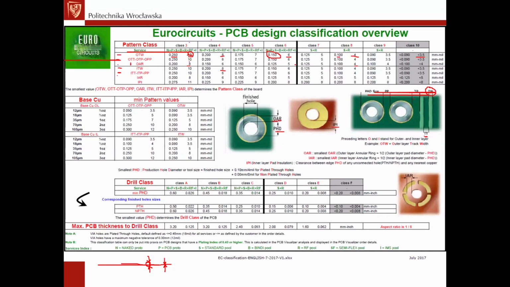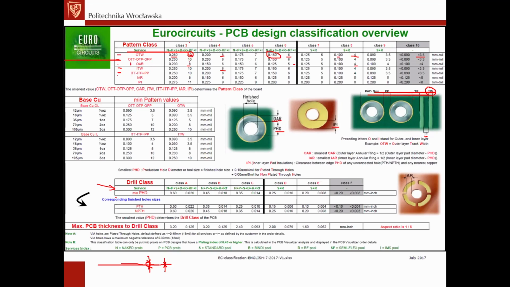So for example, for class 6, let's say, we have a track width of 6. But then the 2 OARs are 10 actually, because it's 5 each. So it's at least 10. Plus we have to add the PhD, the production hole diameter. And the production hole diameter is different because it's not copper.